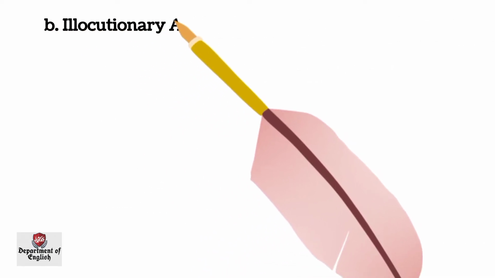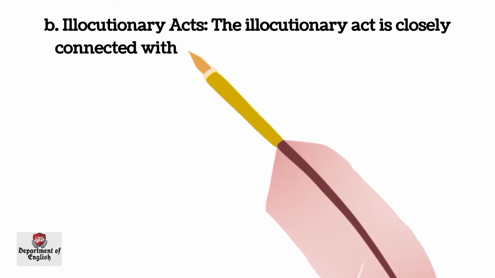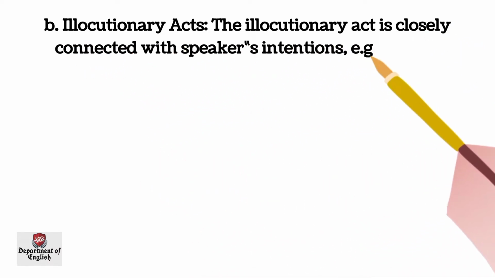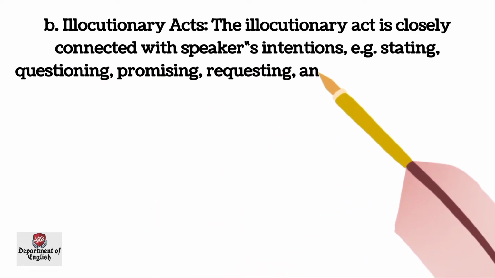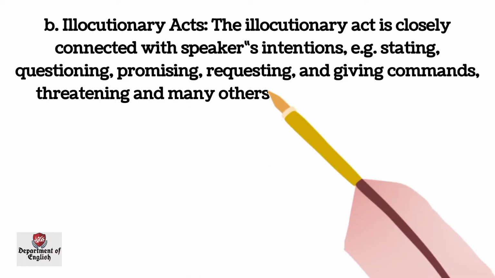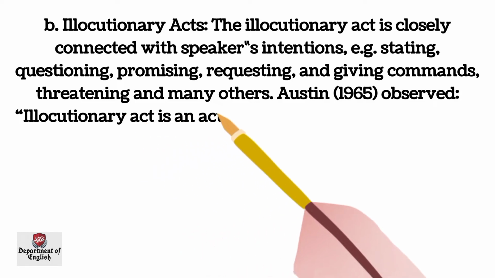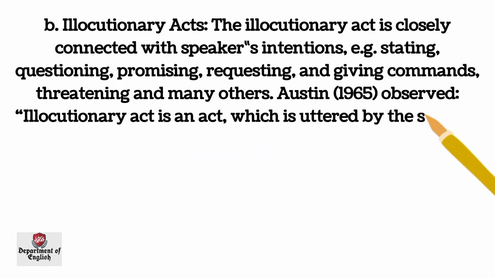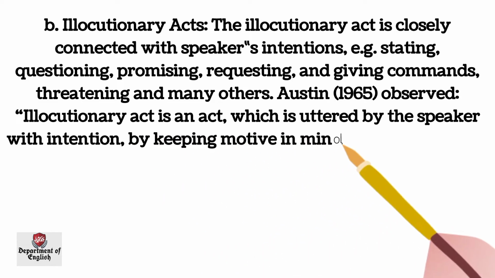B. Illocutionary acts. The illocutionary act is closely connected with speaker's intentions, e.g. stating, questioning, promising, requesting, and giving commands, threatening and many others. Austin 1965 observed, illocutionary act is an act which is uttered by the speaker with intention, by keeping motive in mind.